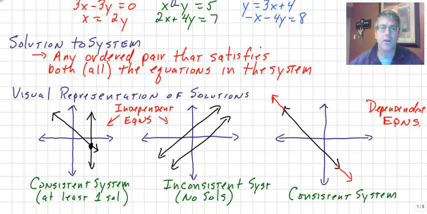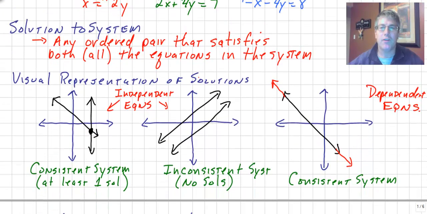And here we have three different visual representations of solutions to a system of equations. So the black lines here indicate the graphs that we would get by graphing our system. On the far left, we have two lines that intersect at one particular point.